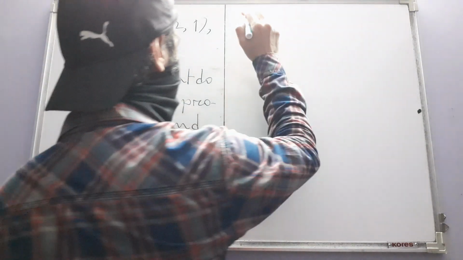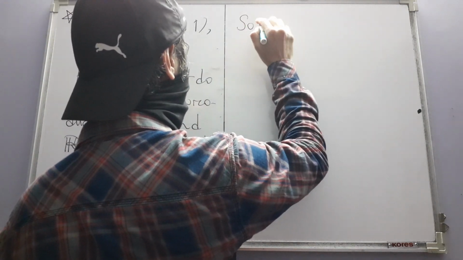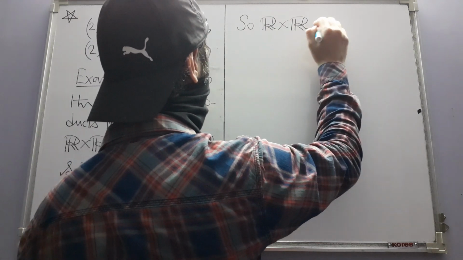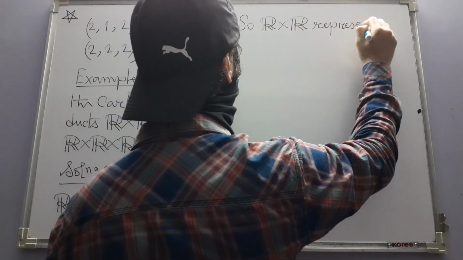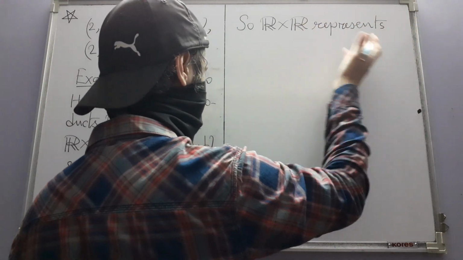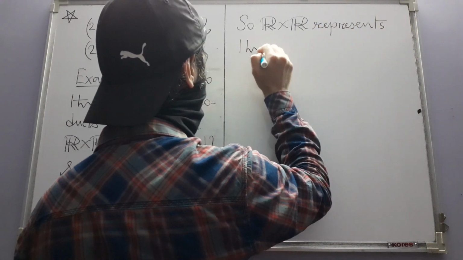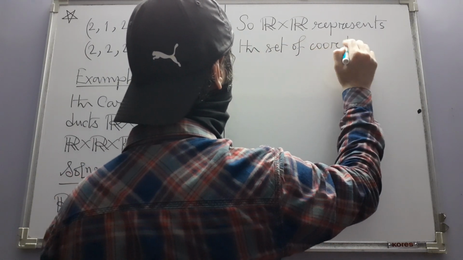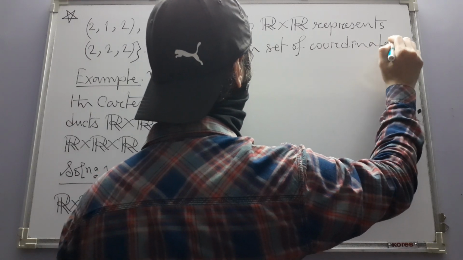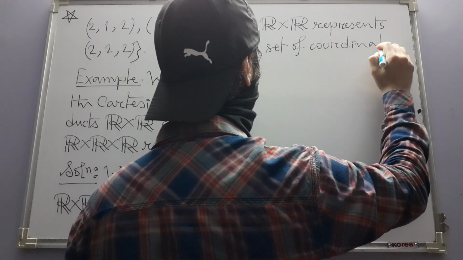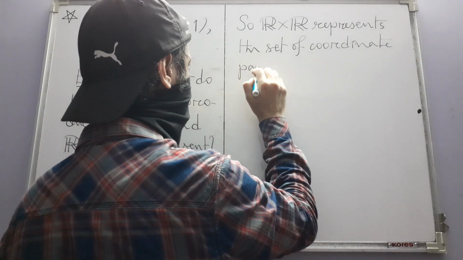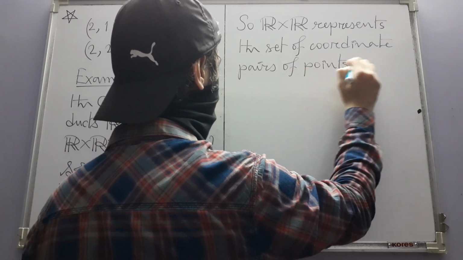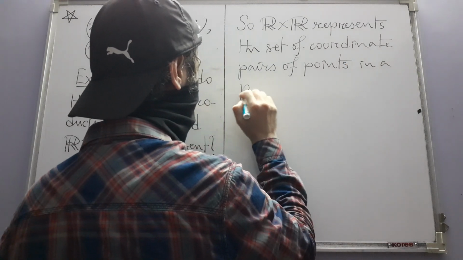So this represents the set of coordinate pairs of points in a plane.